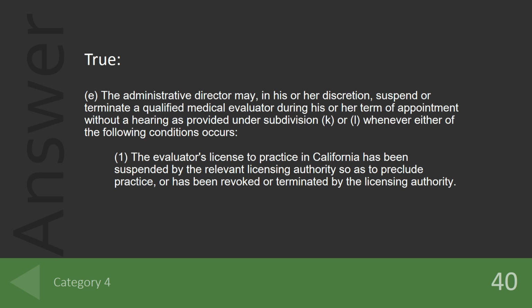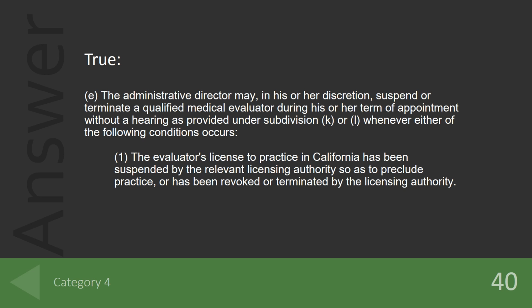So I want to encourage you to be a model citizen, really. And this is offered to you without exaggeration, that you be a model citizen in your personal life, because any transgression could directly jeopardize not only your professional license, but also your qualified medical evaluator credential. And there's much written about this, and I don't think we have to go into much more detail than that.